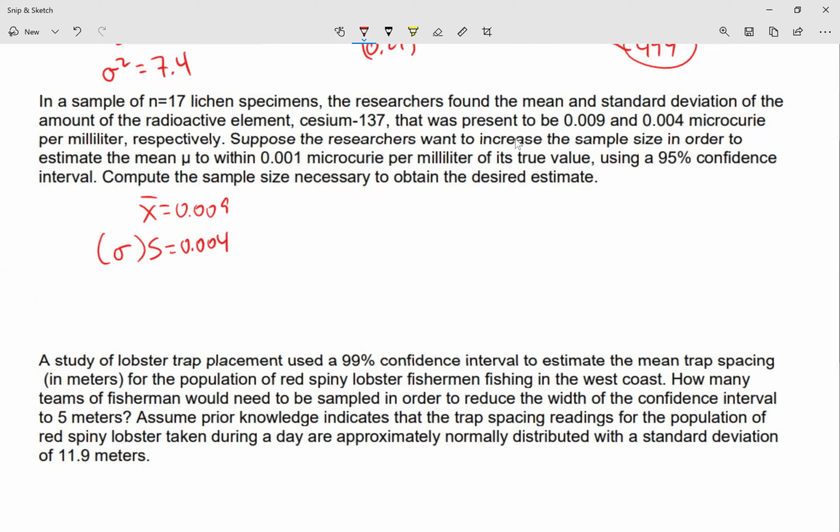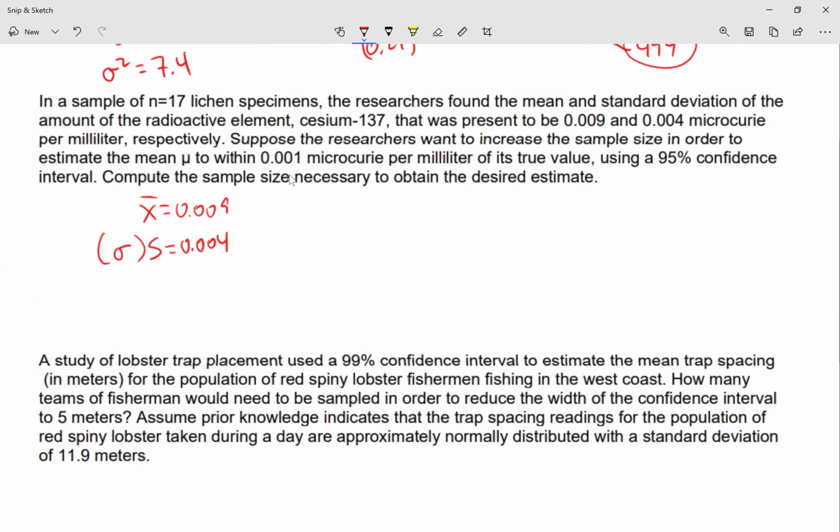Now, suppose that researchers want to increase the sample size in order to estimate the mean to be within 0.001 from its true value. Okay, so I don't want to be more than 0.001.